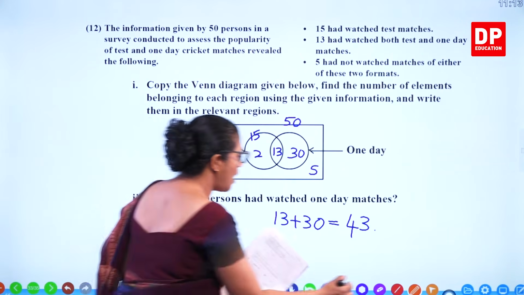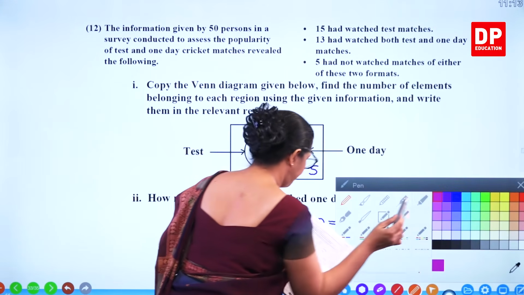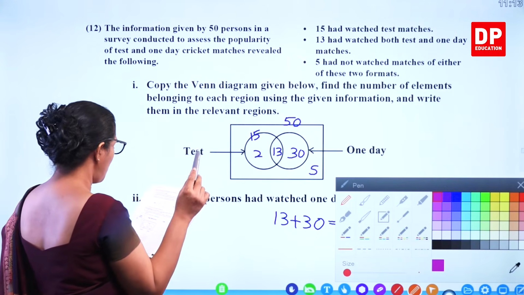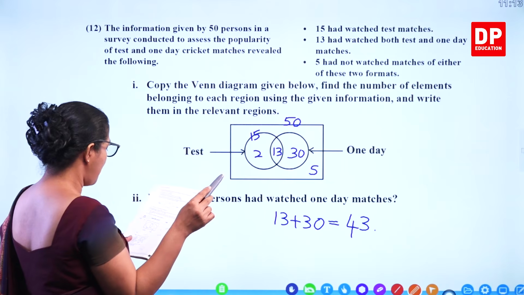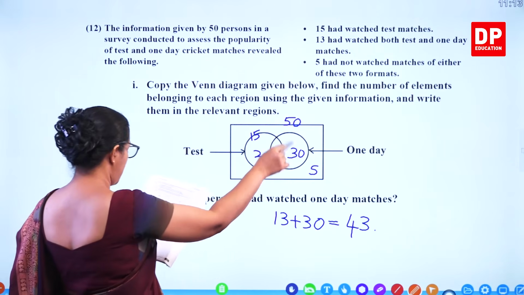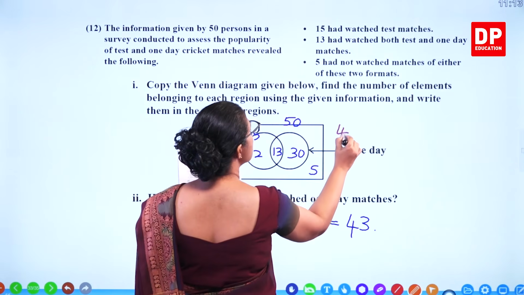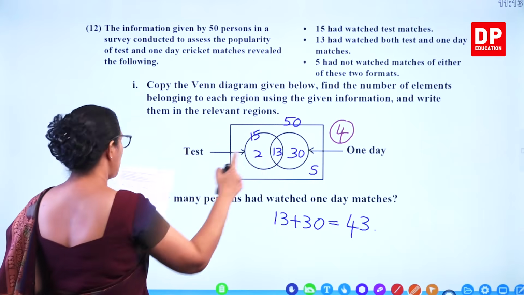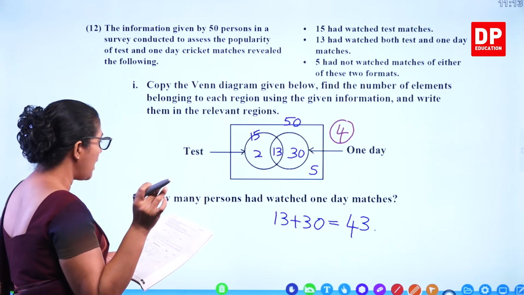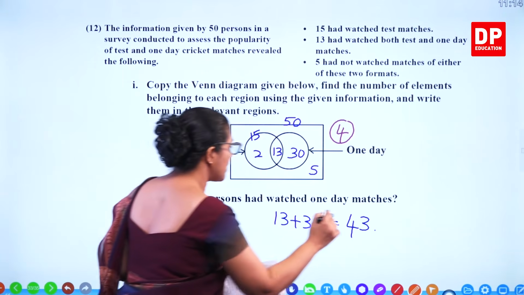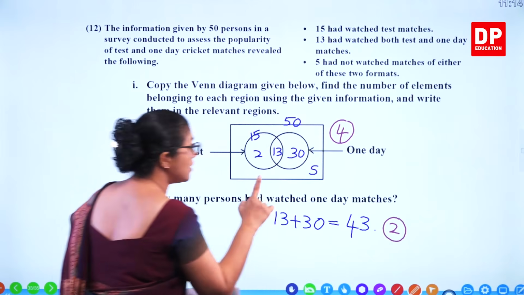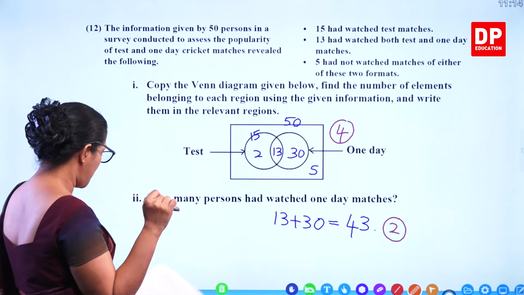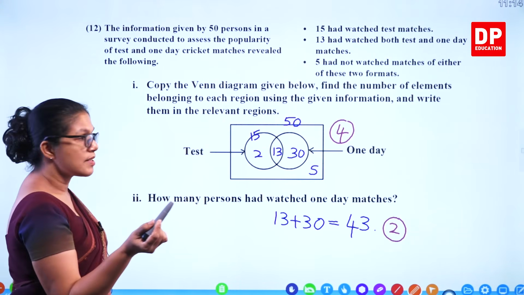We'll check how many marks here. 2, 13, 35. So all these regions you get 4 marks. 50, all these values showing 4 marks. And 13 plus 30, that's 2 marks. So 6 marks for these 2 steps. Now we'll look at the next part.